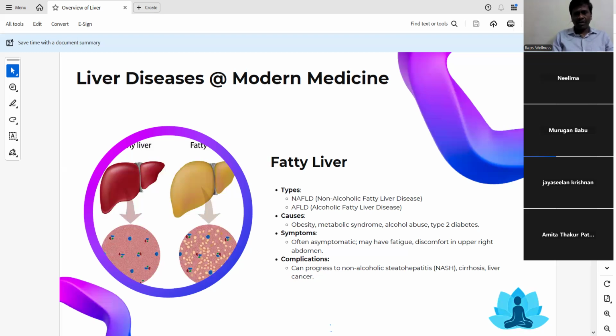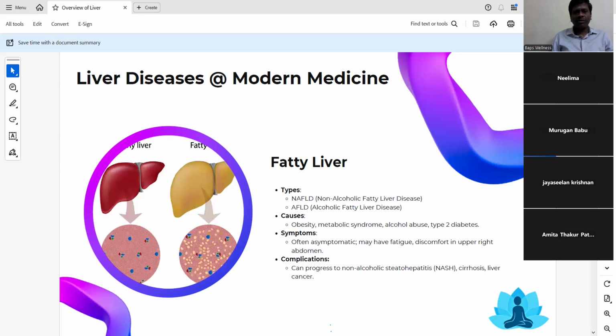So it has some stages: stage 1, stage 2, stage 3, like that. First is simple fatty liver, that is steatosis, wherein fat builds up in the liver, which is usually a reversible condition when alcohol consumption is stopped.